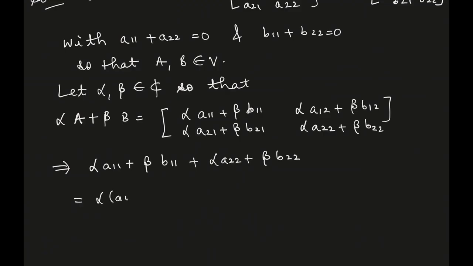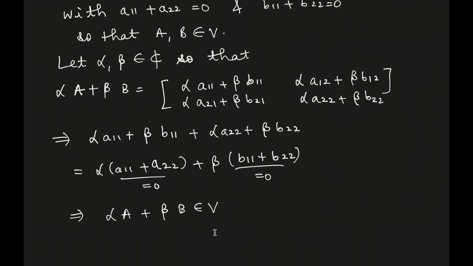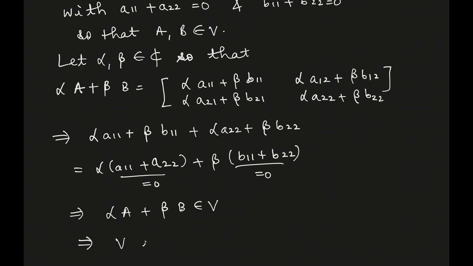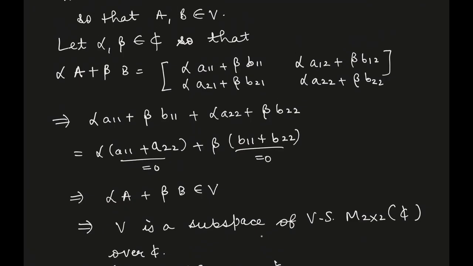So alpha times (A11 plus A22) plus beta times (B11 plus B22). This is also 0, this is also 0. So alpha A plus beta B belongs to V, which means that V is a subspace of the vector space of 2 cross 2 matrices whose entries are from complex numbers over C. So V is a vector space over C. So option A is correct.